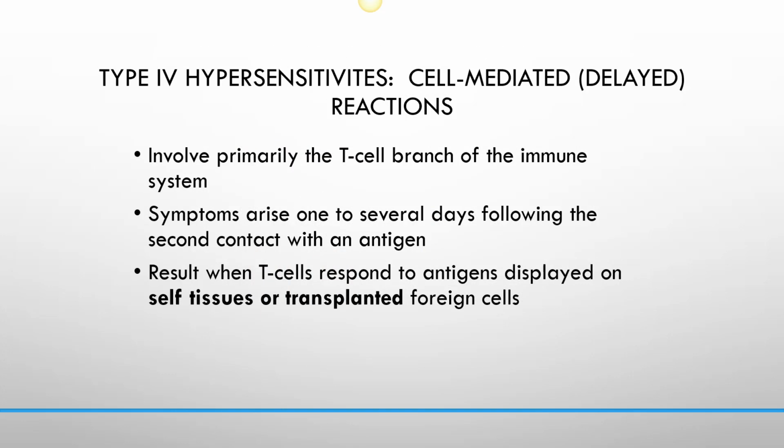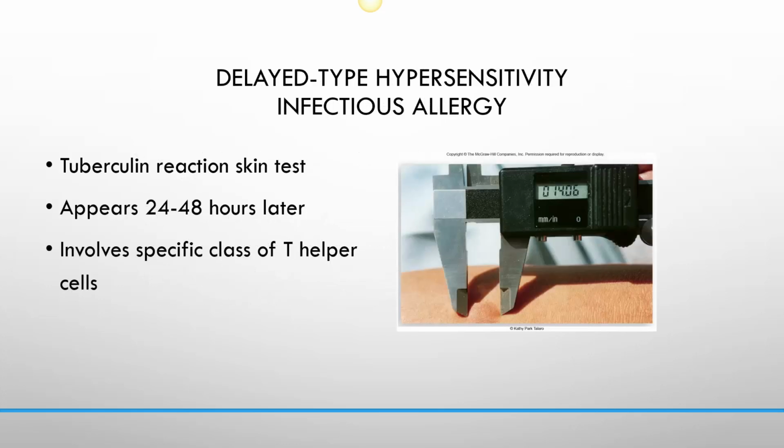Type 4 hypersensitivities involve T cells. Results when T cells respond to antigens displayed on self-tissues or transplanted foreign tissues. So the TB skin test is an example of a type 4 hypersensitivity. You inject a component of Mycobacterium tuberculosis into the skin.